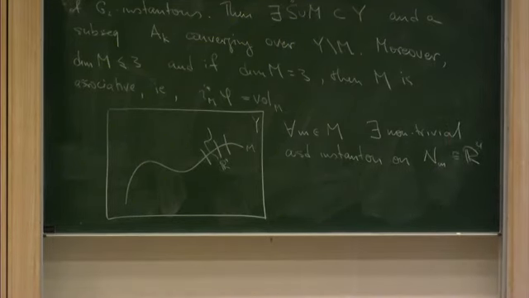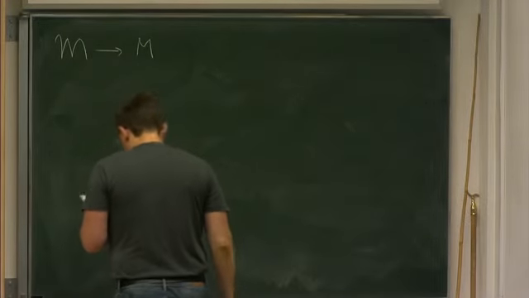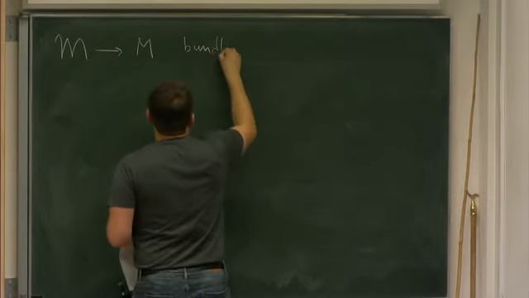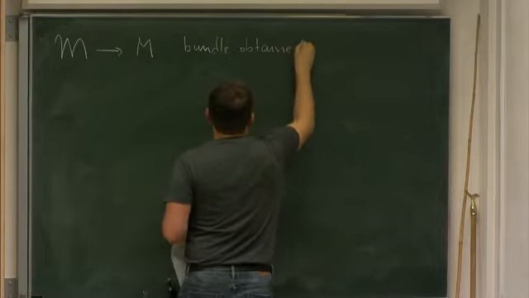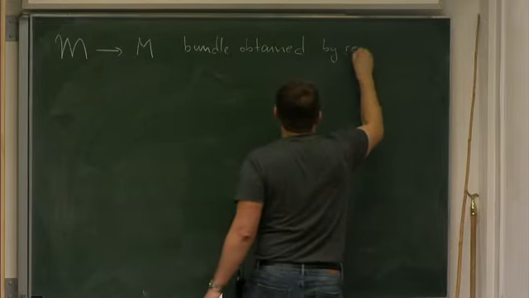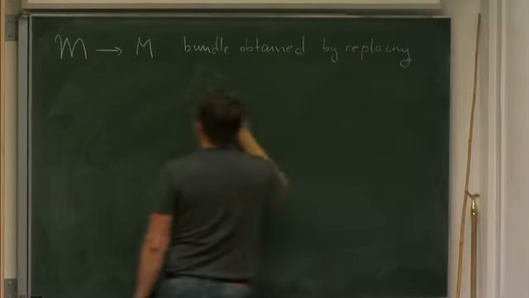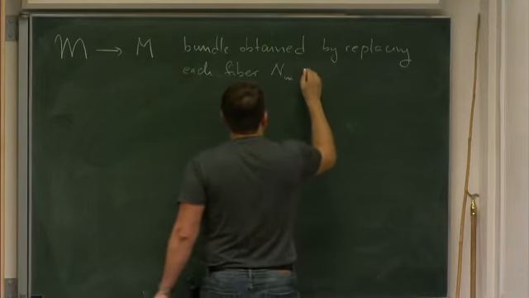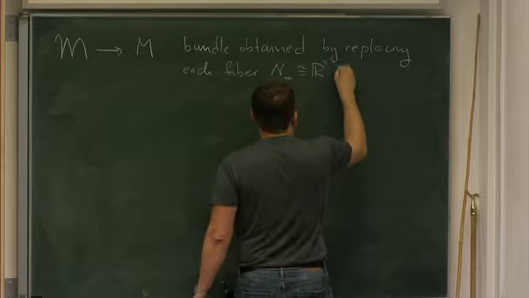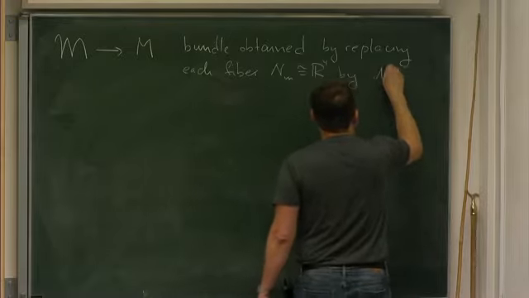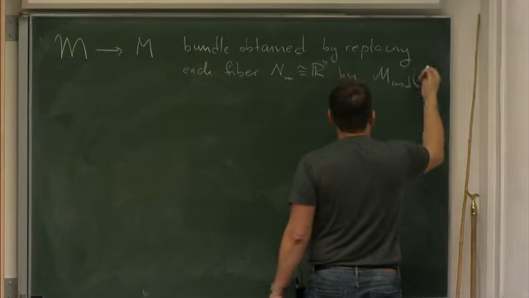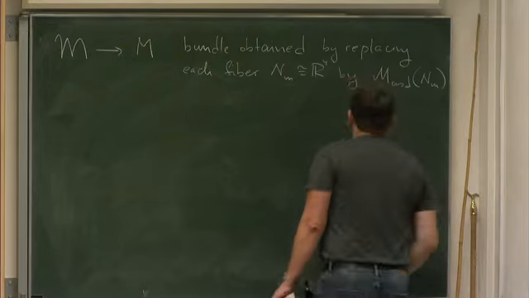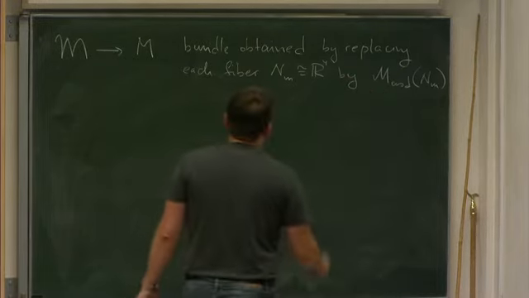And what this means is the following. We can construct a bundle over M, obtained by replacing each fiber, which is just R^4, by the moduli space of anti-self-dual instantons on N_m M, maybe the framed moduli space.